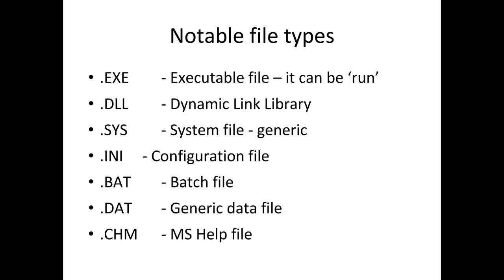That is a file that executable files may need in order to get some functionality. There's a system file, .sys. Ini is a configuration file. You might find something called a batch file, .bat. There are generic data files that have .dat after them, and .chm is a Microsoft help file.